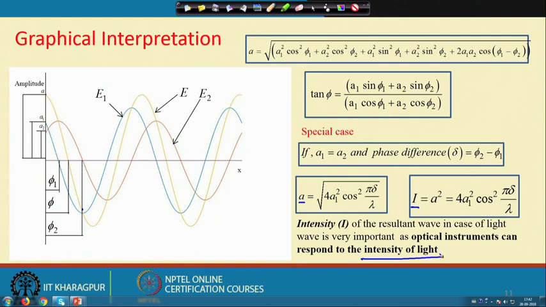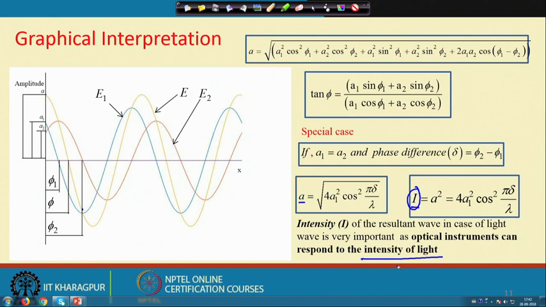This intensity I is nothing but A square. This can also be calculated for different A1 and A2, and for unrelated phi 1 and phi 2.